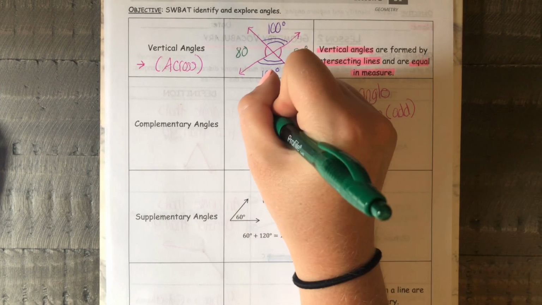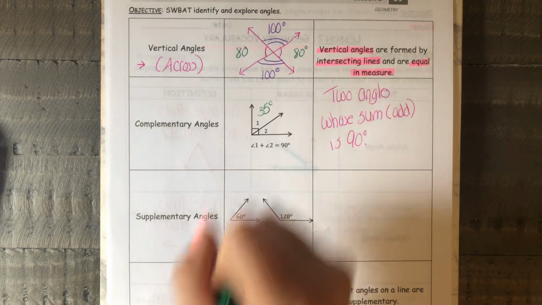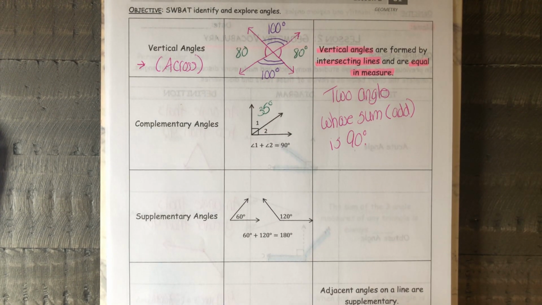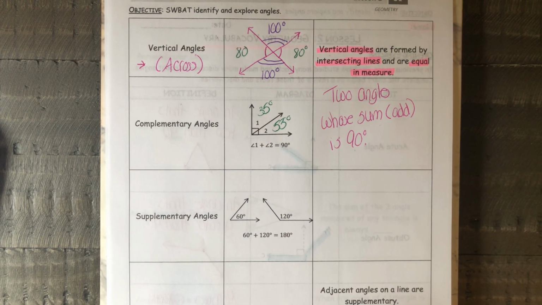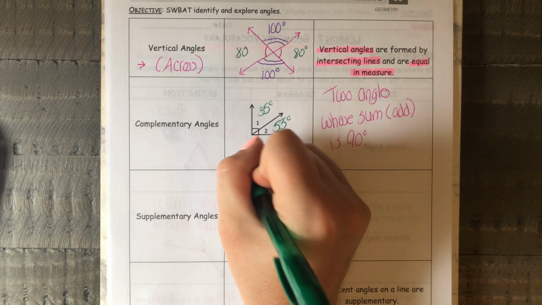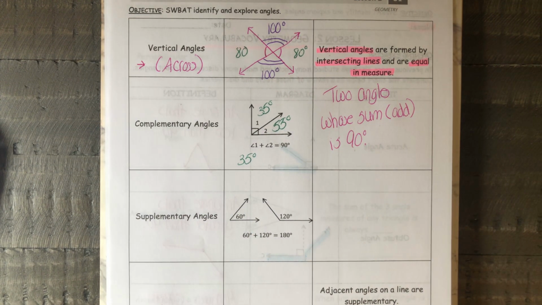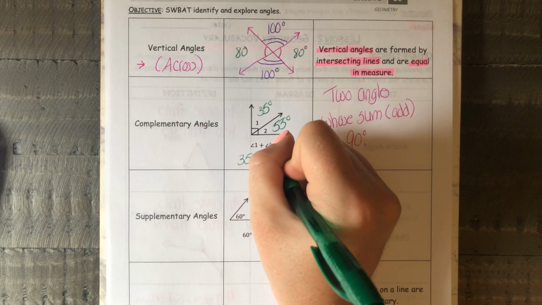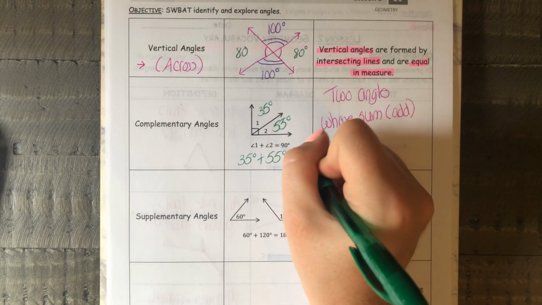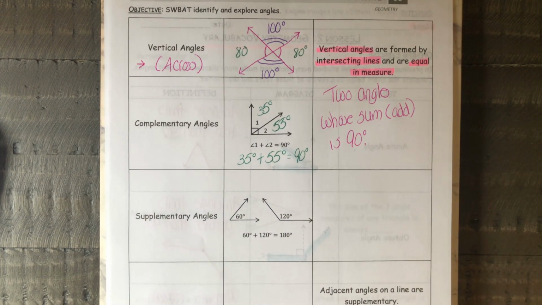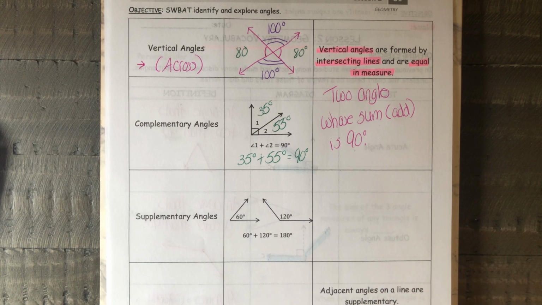If angle 1 is 35 degrees, that means angle 2 would have to be 55 degrees. Because again, if I were to add angle 1, which is 35 degrees, plus angle 2, which is 55 degrees, that gives me 90. And that's exactly what I should have got because that's the definition of complementary.